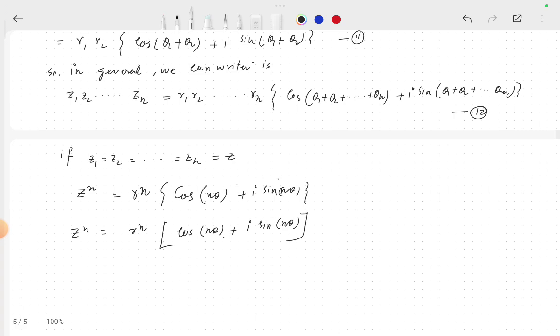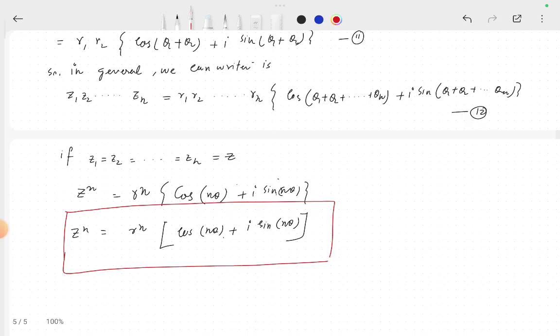Which is often called de Moivre's theorem. So z to the power n is r to the power n, cos n theta plus i sin n theta.